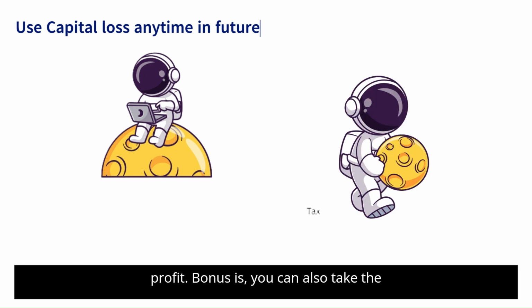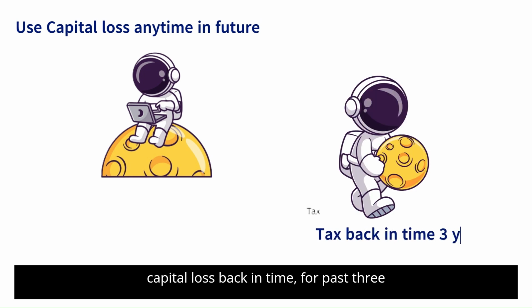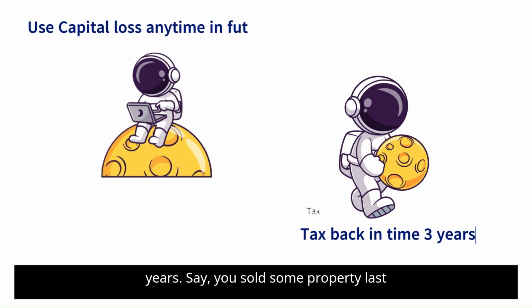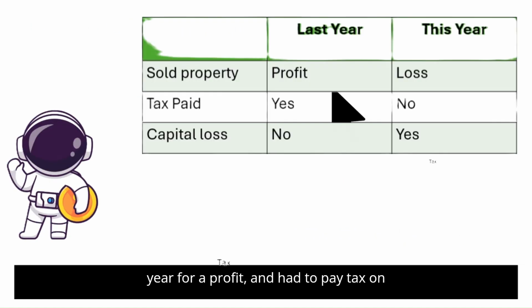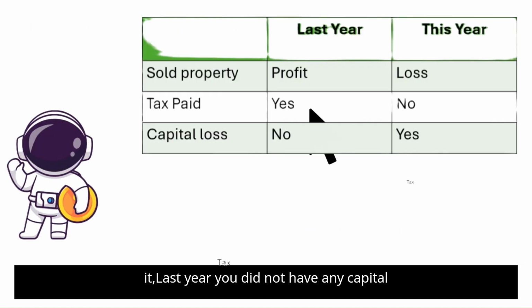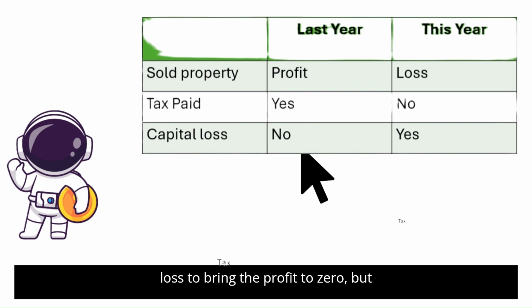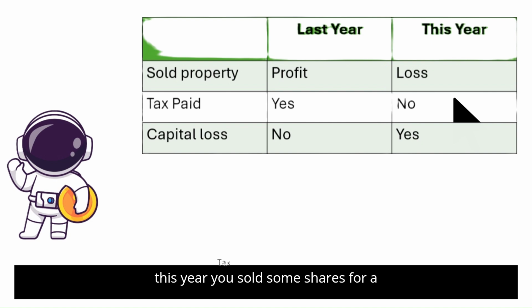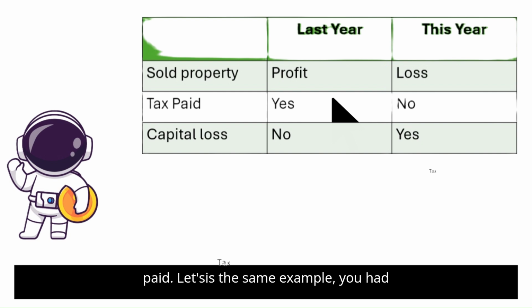Bonus is, you can also take the capital loss back in time for past 3 years. Say, you sold some property last year for a profit and had to pay tax on it. Last year you did not have any capital loss to bring the profit to zero, but this year, you sold some shares for a loss, so you can take this loss to last year tax return and get back the taxes you paid. Let's use the same example.